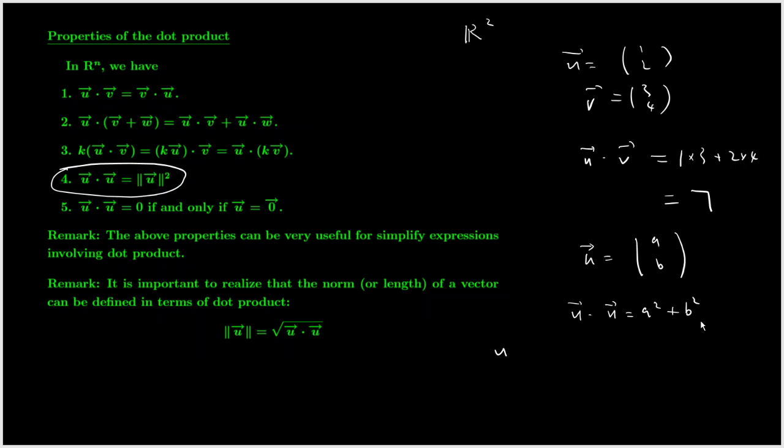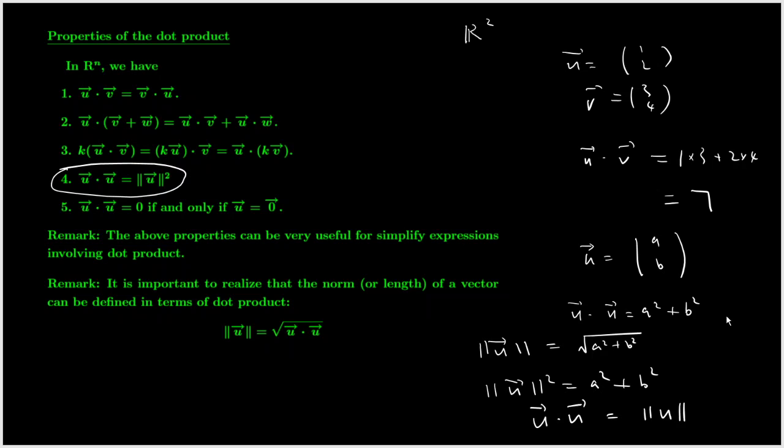I'm pretty sure you can recall how we compute the length. The length of u is computed using the square root of a squared plus b squared, right? So does that make sense? The length of u, the whole thing squared, is a squared plus b squared, which means u dot u, the dot product of u and itself, is equal to the length of u, the whole thing squared.